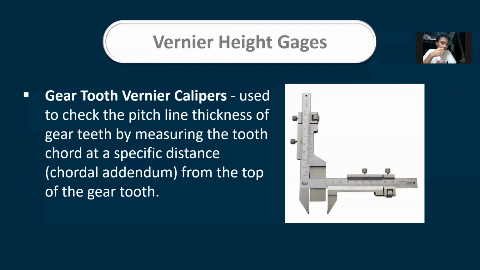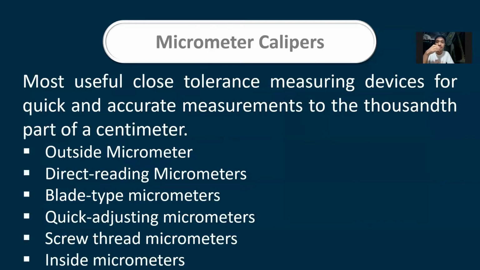So another example of the graduated measuring tool is the micrometer calipers. So ito naman, they are most useful close tolerance measuring devices for quick and accurate measurements to the 1,000th part of a centimeter. So marami siyang types which are outside, direct reading, blade type, quick adjusting, screw thread, and inside micrometers.